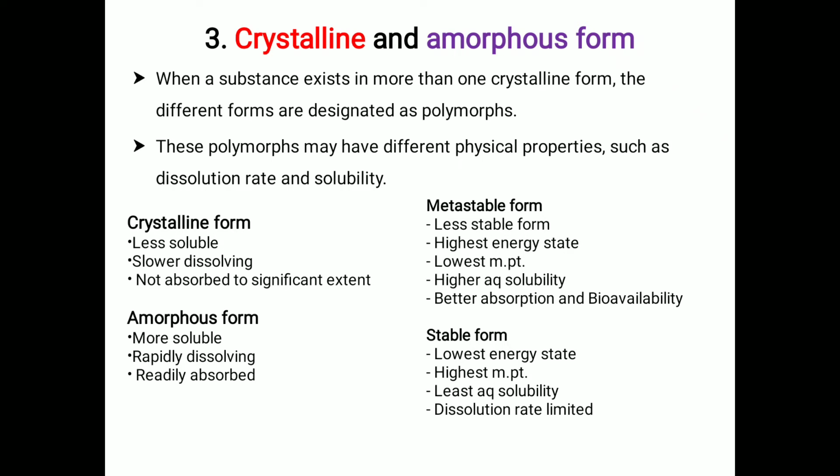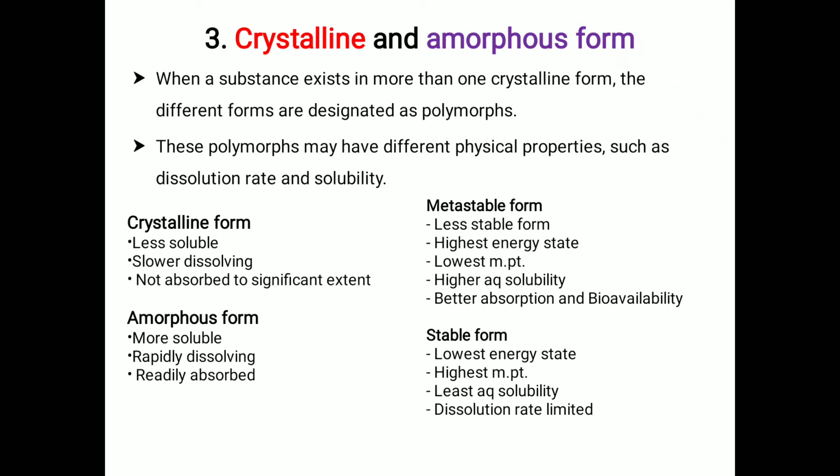Okay, so here we can see the difference between crystalline form as well as amorphous form. Crystalline form is less soluble, slower dissolving and not absorbed to a significant extent, while the amorphous form is more soluble, rapidly dissolving and readily absorbed.